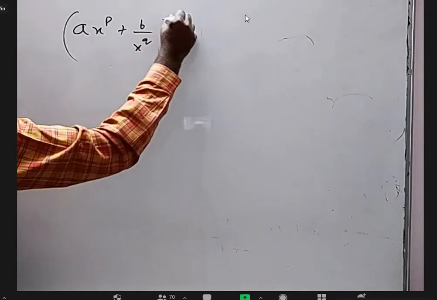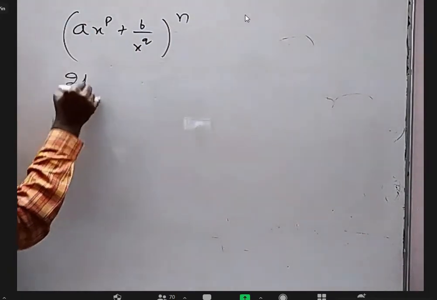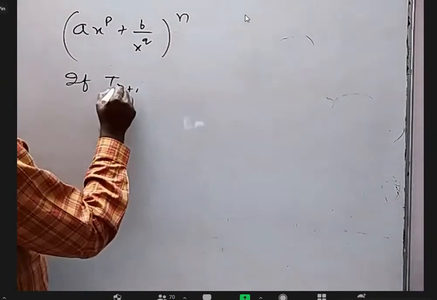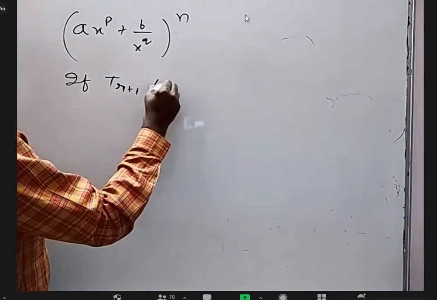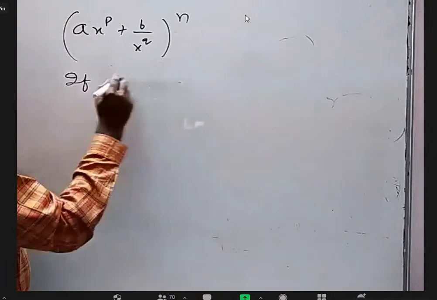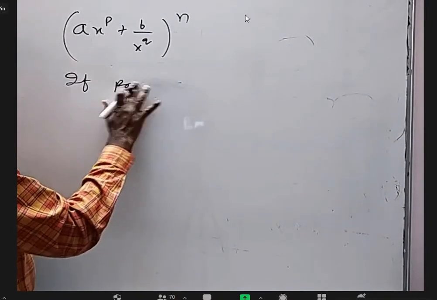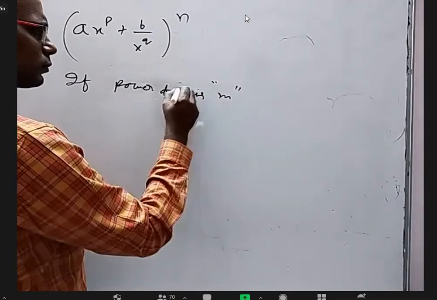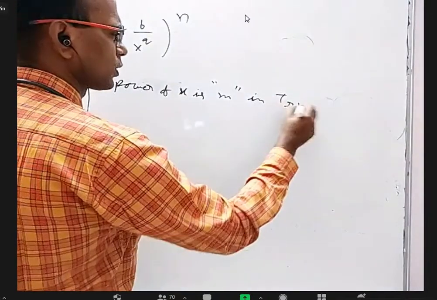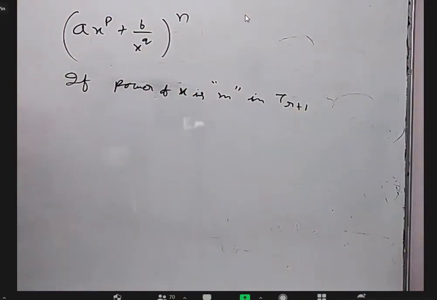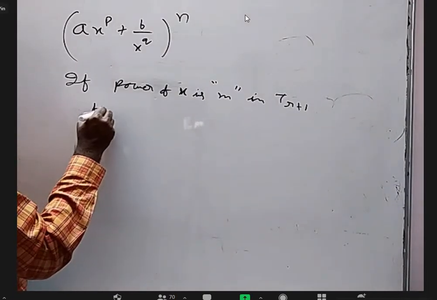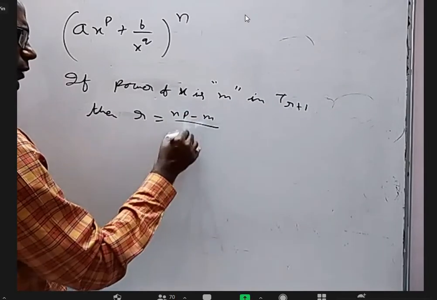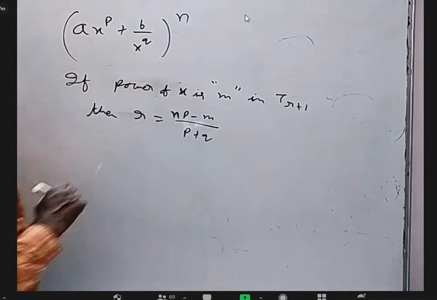If the power of x is m in T(r plus 1), that means T(r plus 1) contains x power m, then r is equal to (np minus m) by (p plus q). Okay.